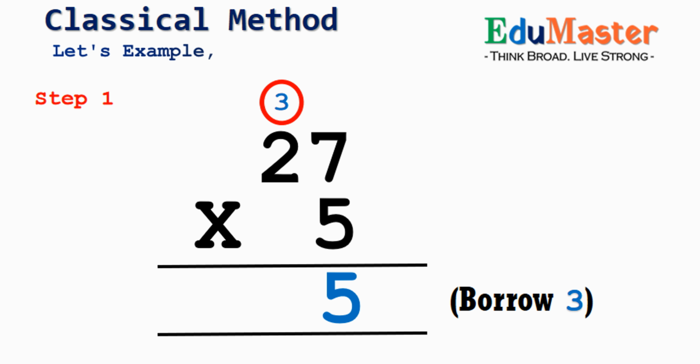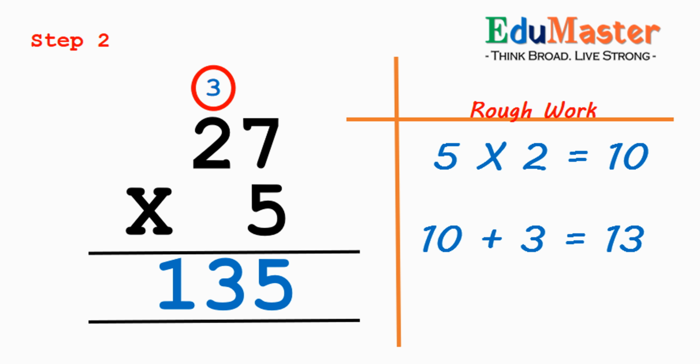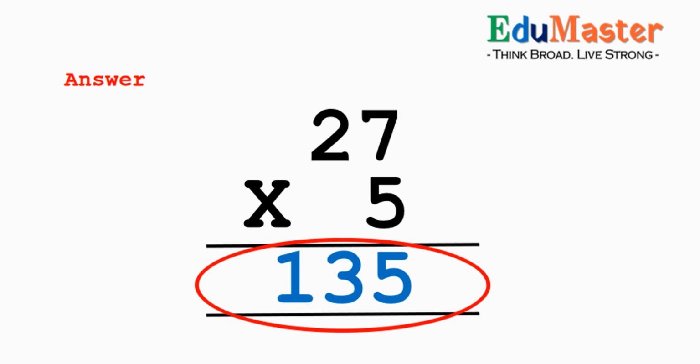Then we write 5 on the ones place and take 3 as a carry. Then we multiply 5 with 2 and it gives us 10, which we have to add to 3 to give us 13. Then we write 13 before 5. That gives us 135 as the answer. Hence we get the answer.